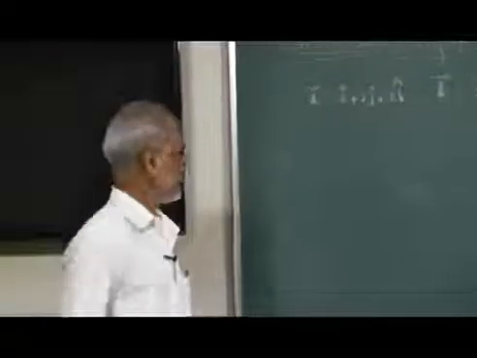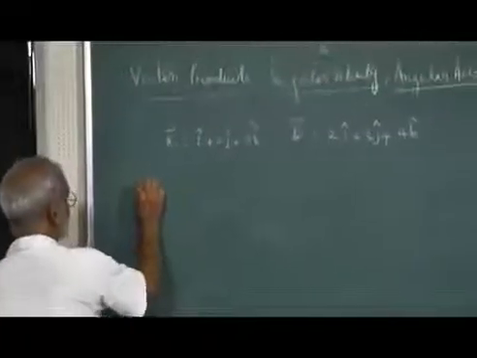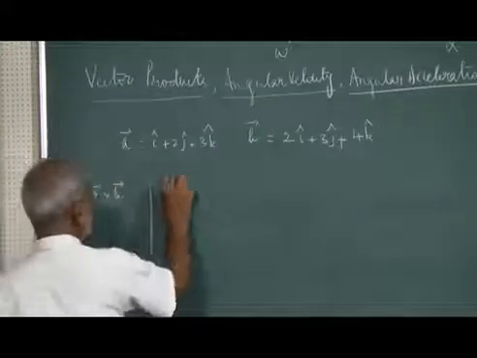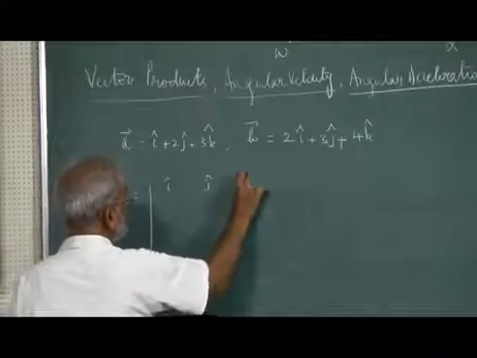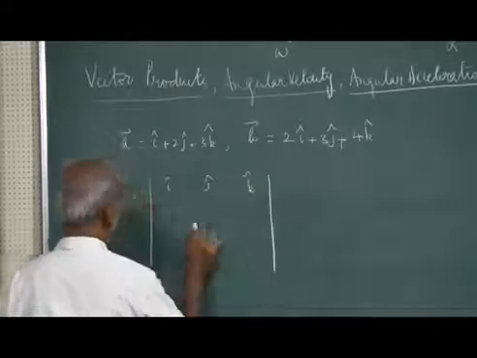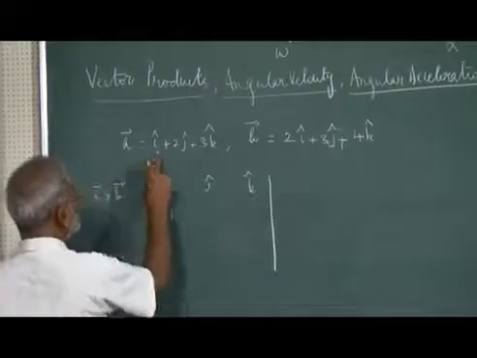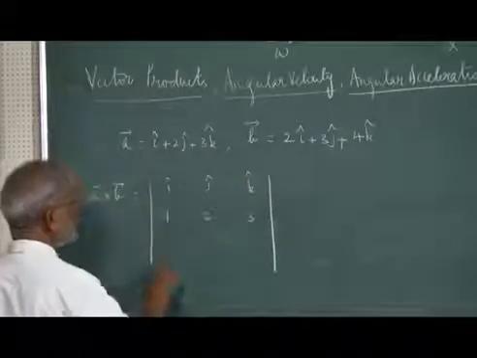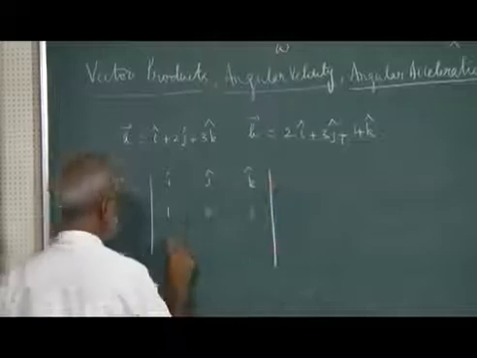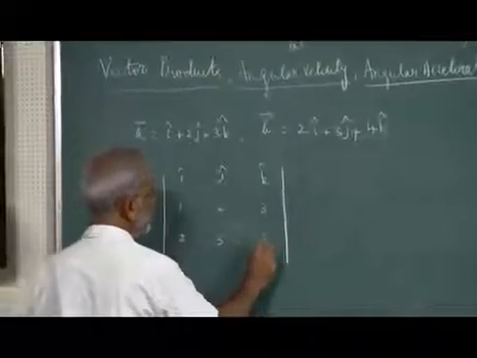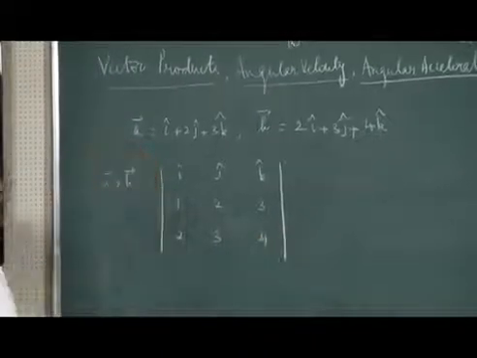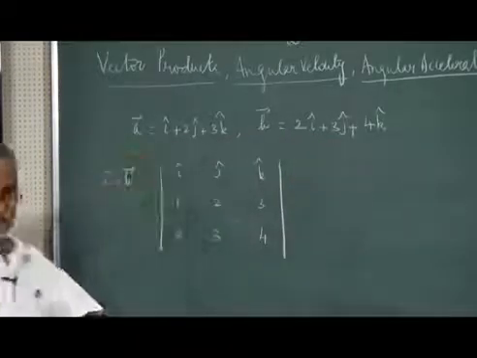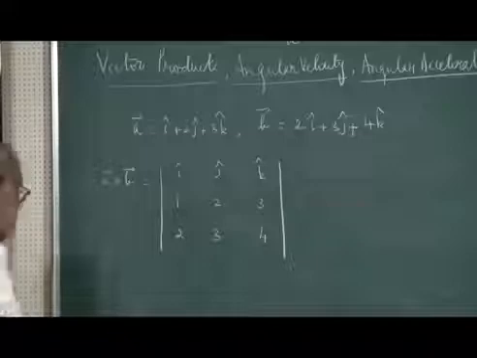So I want to calculate A cross B. It is very easy: I j k, and then the components of A are 1, 2, 3, and the components of B I write here as 2, 3 and 4. I guess you realize that these two vectors are not perpendicular to each other, right.